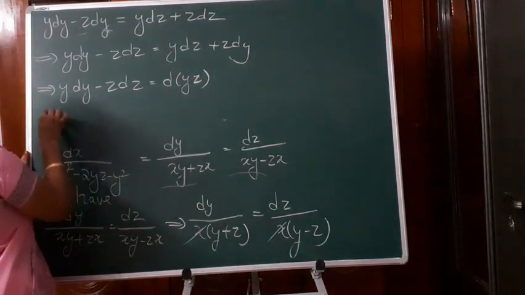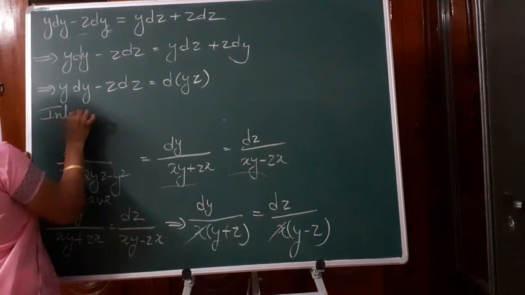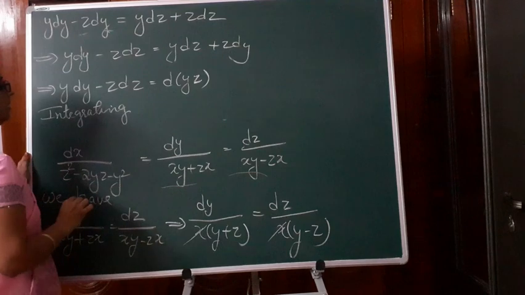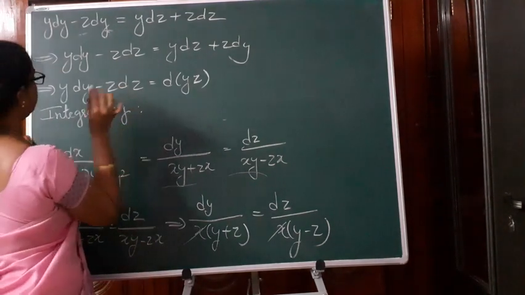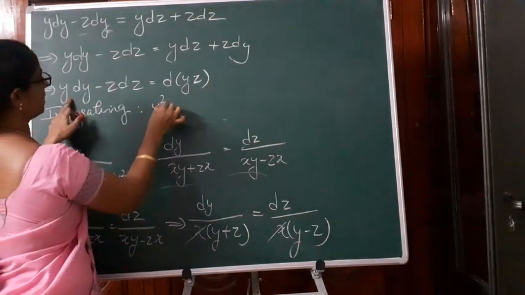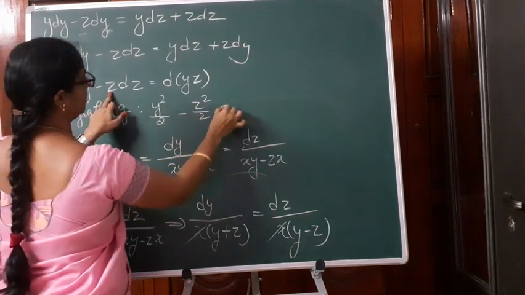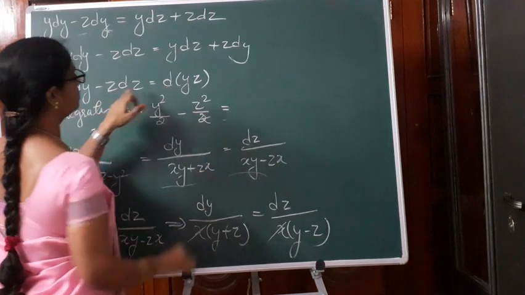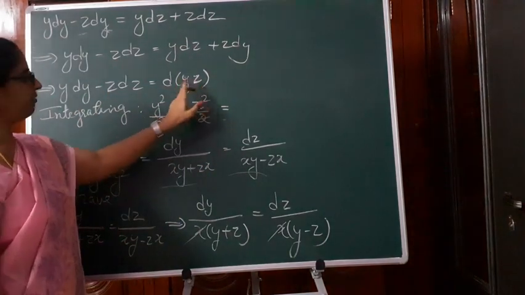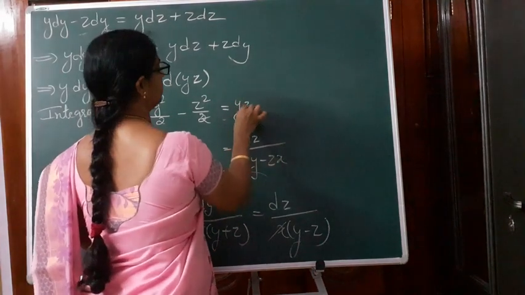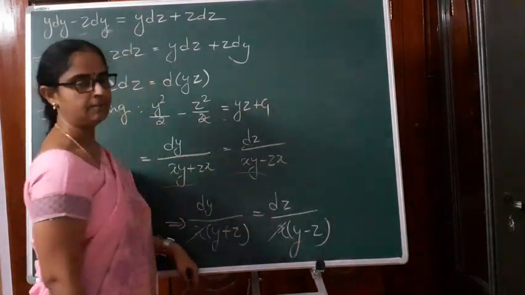Now upon integrating both sides, what do we get after integration? Integral of y dy is y square by 2 minus integral of z dz is z square by 2 is equal to integral of derivative of yz. Integral and derivative are opposite functions, so we have yz plus arbitrary constant c1.